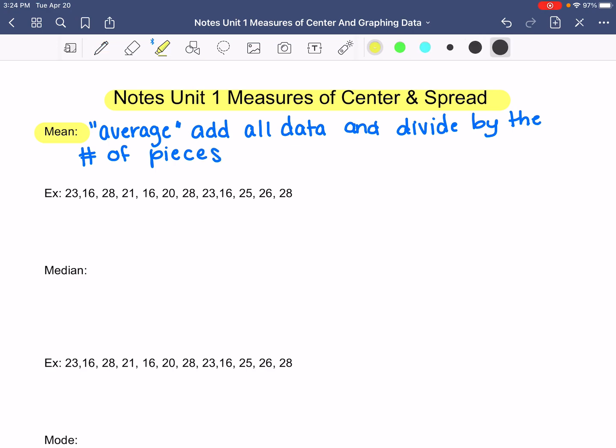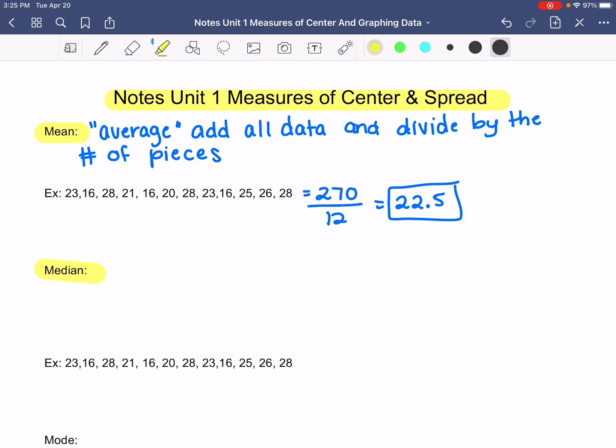So for our data, you can write out your numbers. If you add them all up, I grab my calculator, I get 270. I divide that by 12 because that's how many pieces of data there are. That leaves me with 22.5. So the mean average is 22.5.